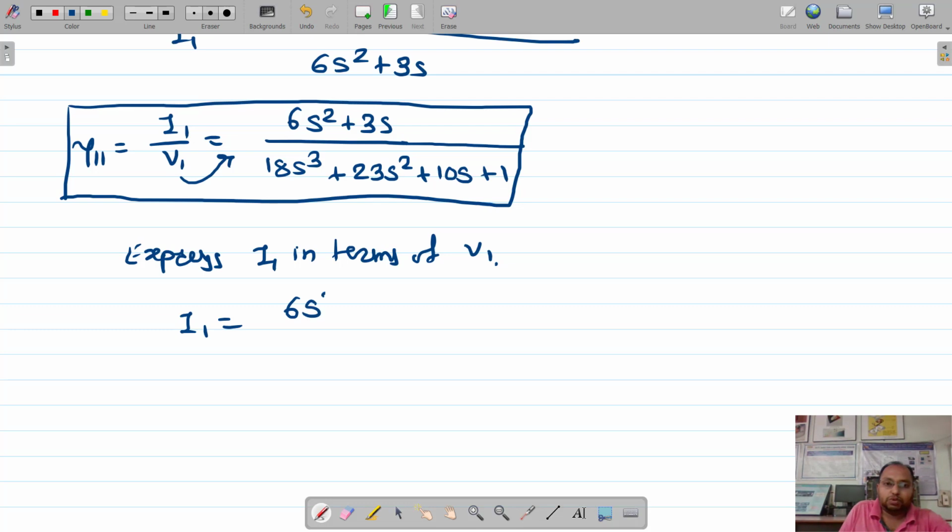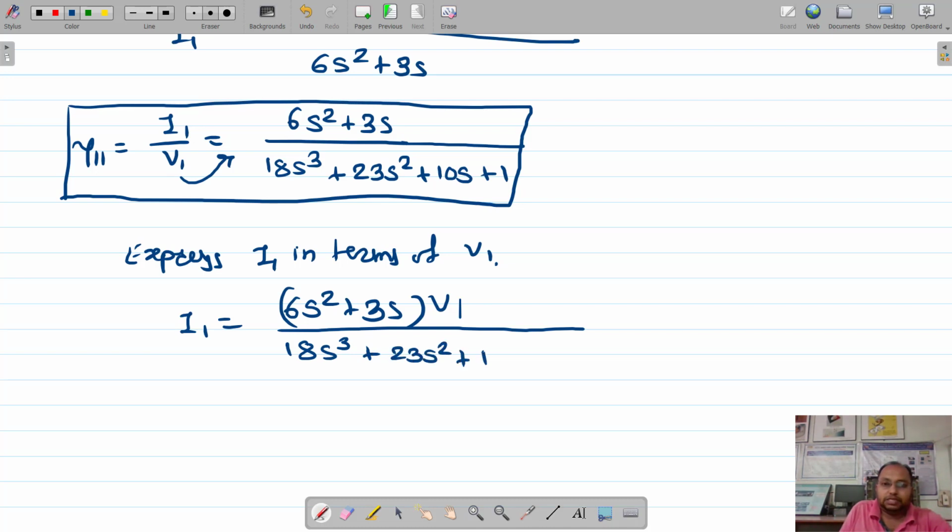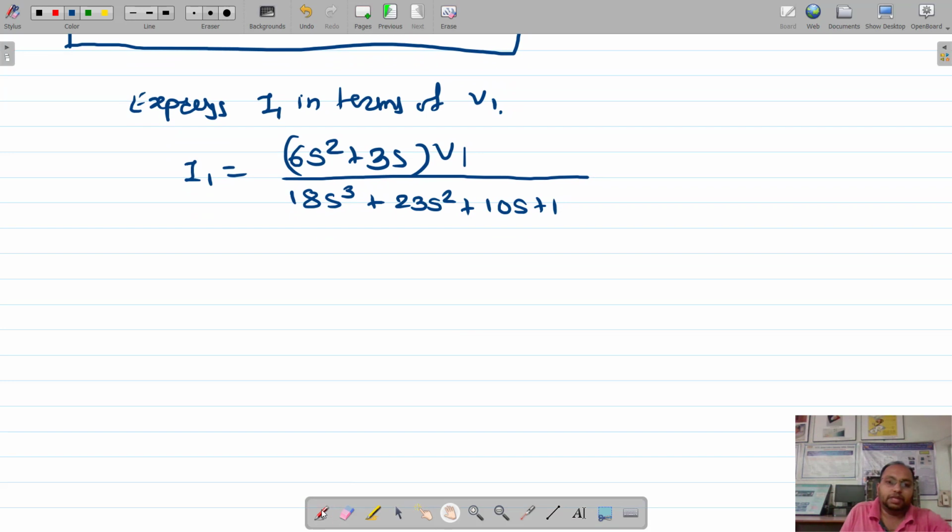So 6s square plus 3s multiplied by V1 divided by the remaining terms 18s cube plus 23s square plus 10s plus 1. Okay, and now we'll go for the current division rule.